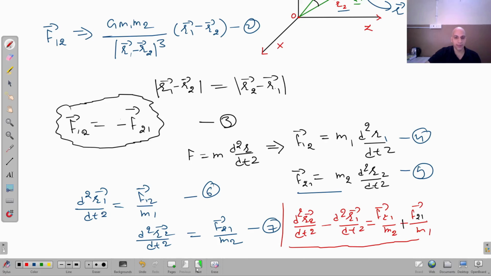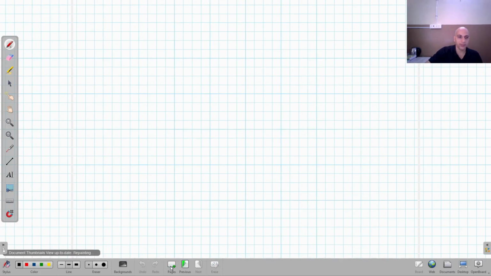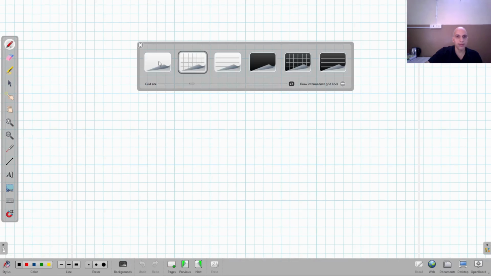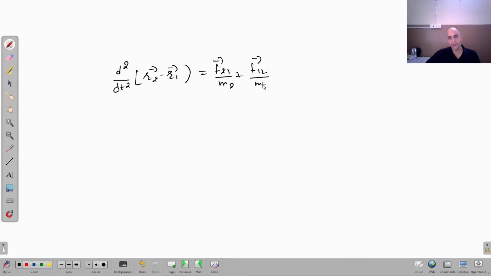So d square upon dt square into the vector r2 minus r1 is equal to vector F21 upon m2 plus vector F12 upon m1, right?